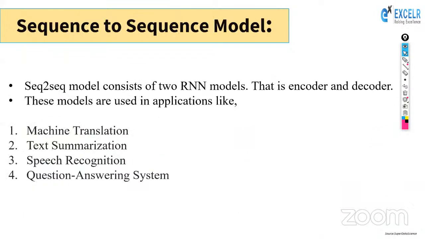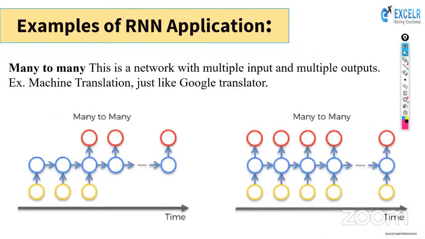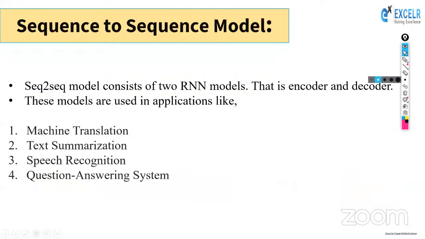Okay, guys, so we saw these examples. Now, guys, the chatbot utilizes one of the specific applications of the RNN, which is called the sequence-to-sequence model. These sequence-to-sequence models at the backend utilize the concept of RNN, which is a recurrent neural network, right?